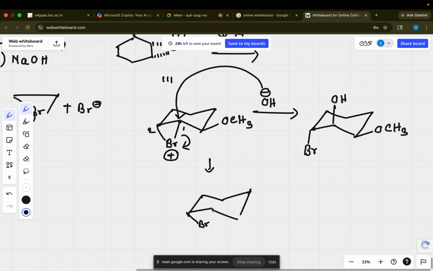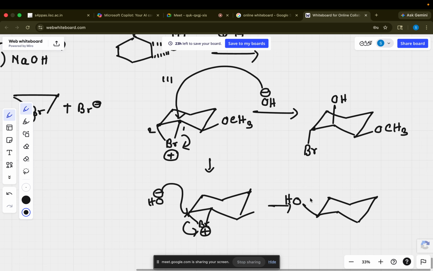And if you also approach from this side, then only you have a possibility. Suppose OH minus is approaching from this side, so your bond is breaking. Whatever you get, check what you are getting. Now the incoming nucleophile is coming in the equatorial position, not in the axial position, and that bromine will also go to the equatorial position.